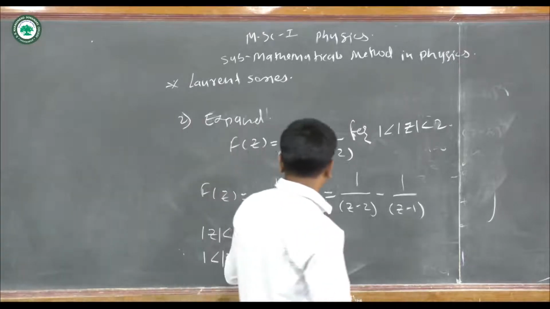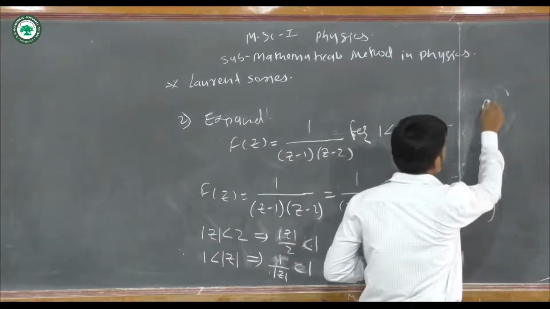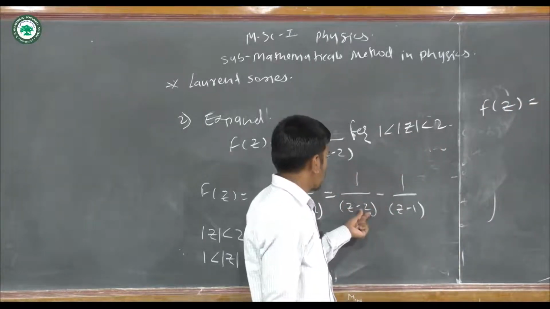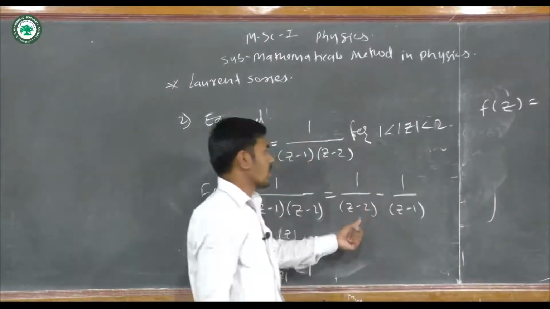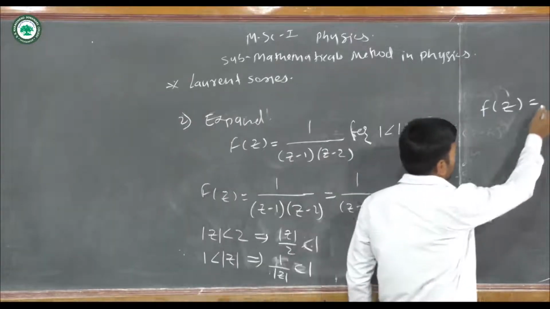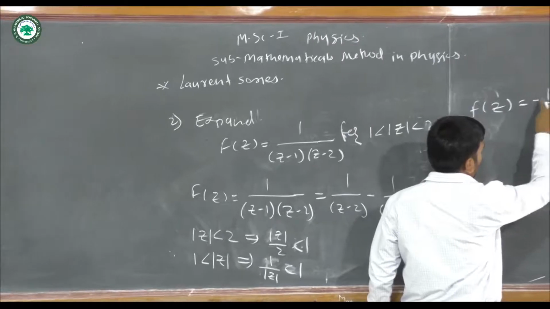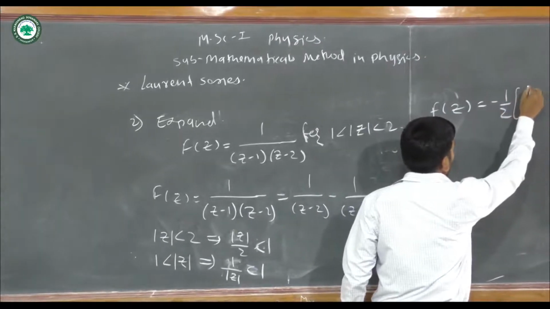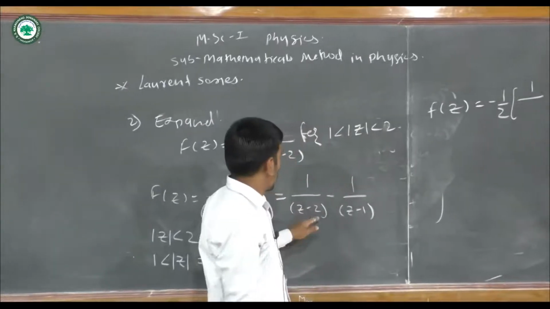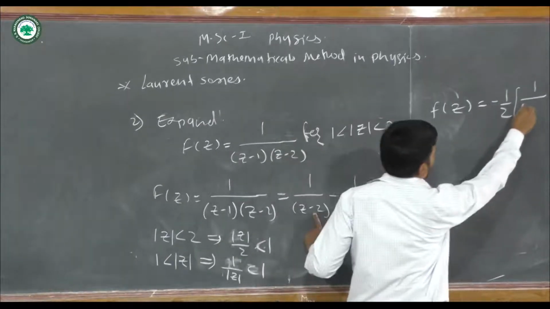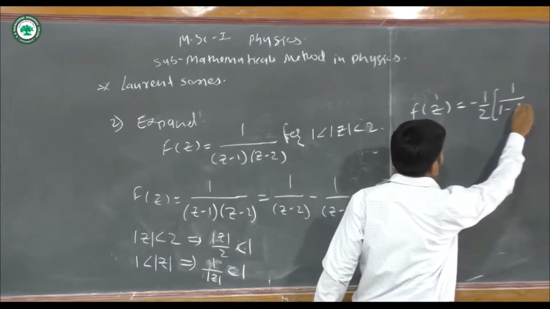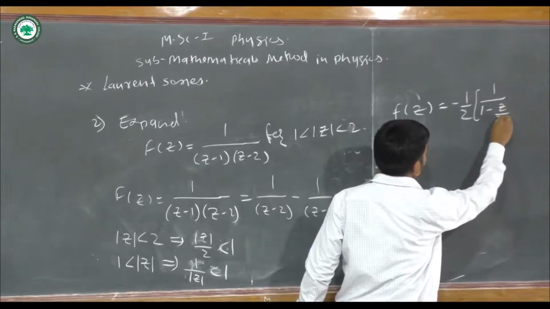Okay, so f of z is equal to 1 by z minus 2, and I am taking the common factor minus half from this. So if I take the common, we get 1 by 1 minus z by 2.